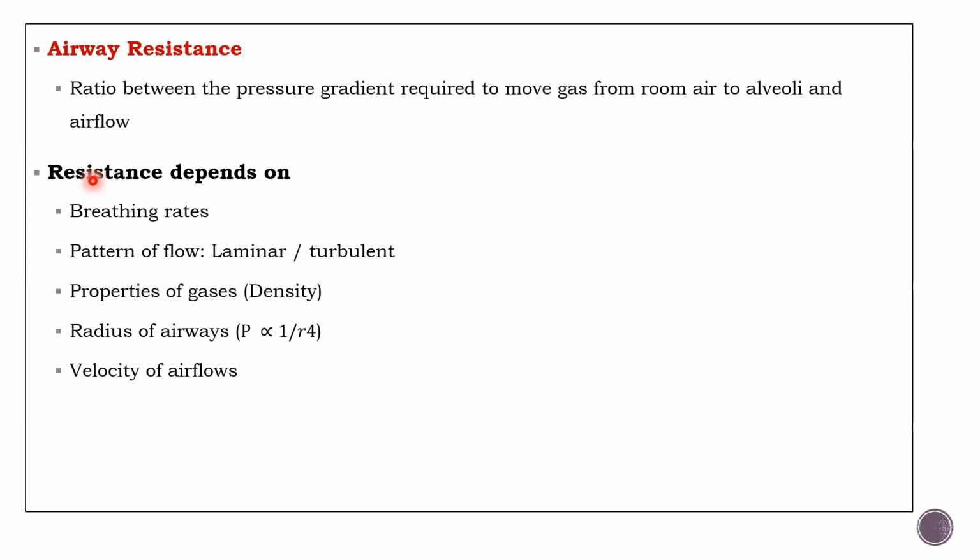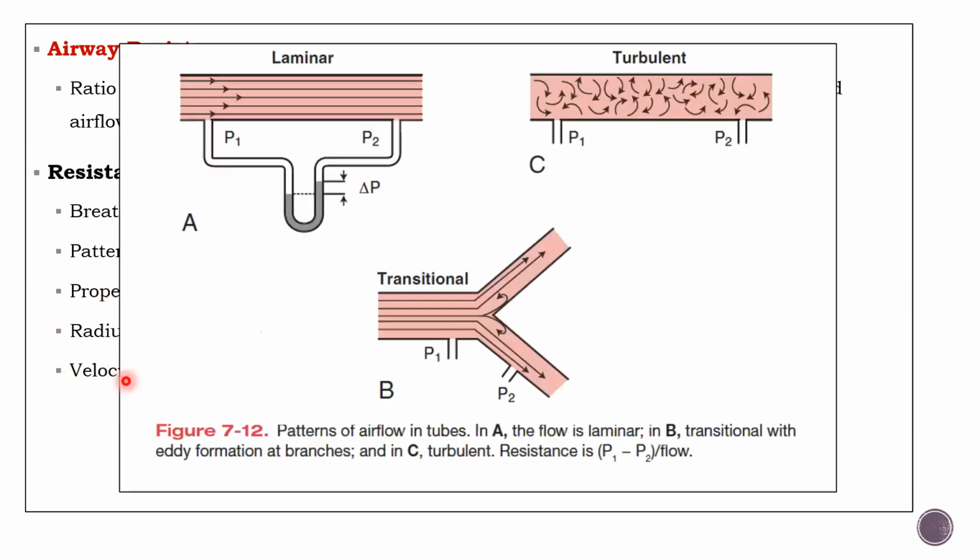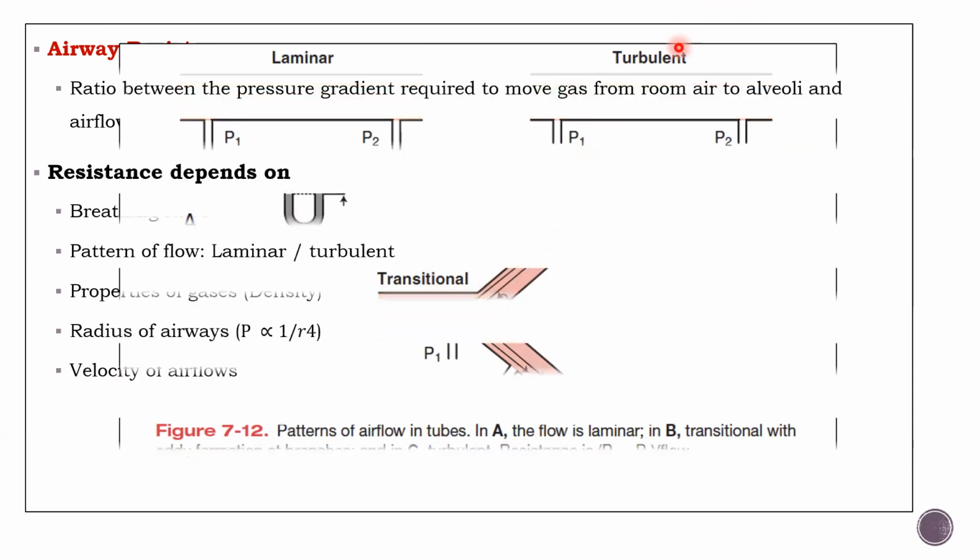It depends on the breathing rate, the laminar flow, the type of flow that you are giving, the radius of the airways, and the velocity of the airflow. Let's go a little deeper. Laminar flow is a straight flow. Turbulent flow is like a mixed, chaotic flow. Transitional flow is the phase, like at a bifurcation, where laminar flow converts into turbulent flow.